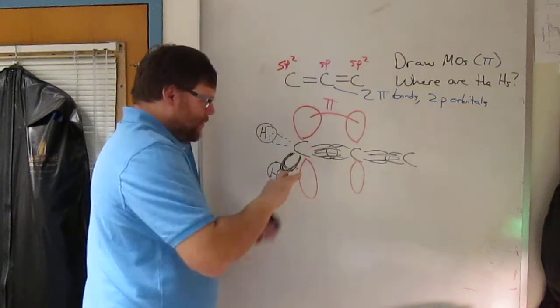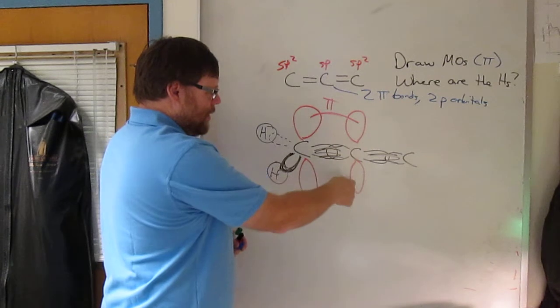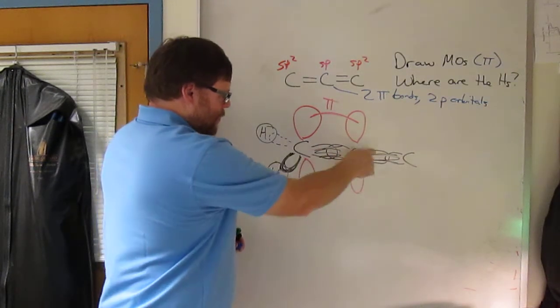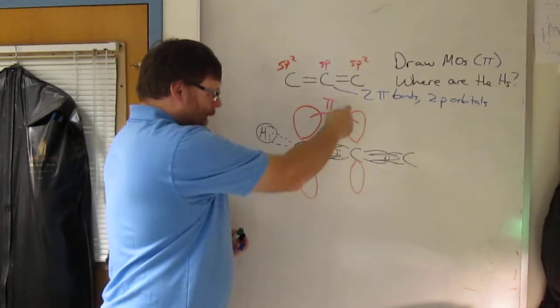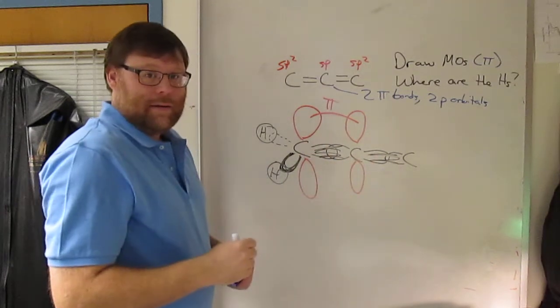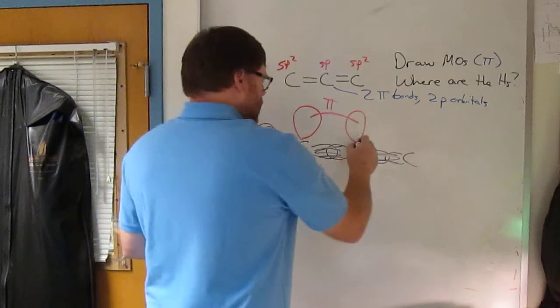Again, space everything out as much as you can. If there's one p orbital here in the plane of the board, and a sigma bond in the plane of the board, so we basically have a y-axis and an x-axis, the second p orbital is going to be in the z-axis.